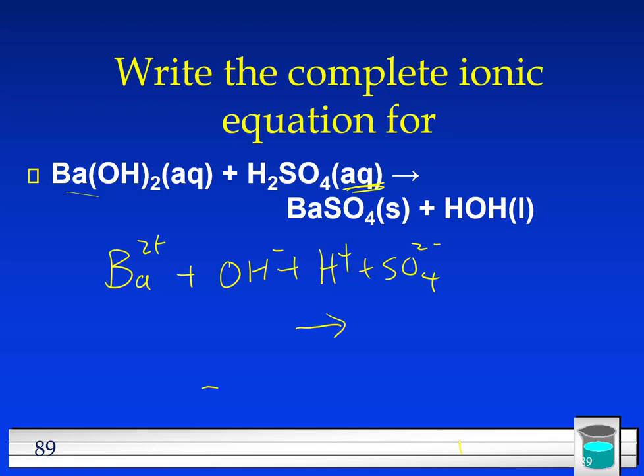Is there really BaSO4? Well, yeah, it says solid next to it, right? So BaSO4. Is there really any water? Well, yeah, there's really water. Water's not ionic. So I keep the solids and liquids together. So I can show you a demonstration that shows that this is really what's happening.